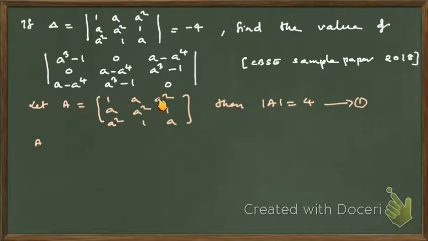It's 1, a, a square; a square, 1, a; a square, 1, a. And they said the corresponding determinant is negative 4. So determinant A is equal to negative 4, which is being given to us.